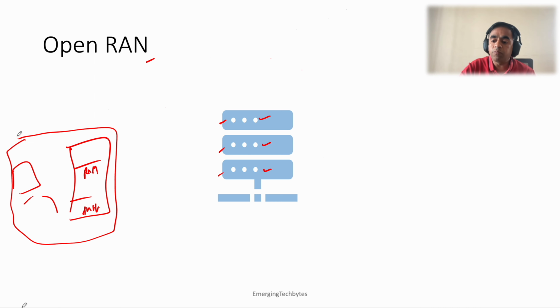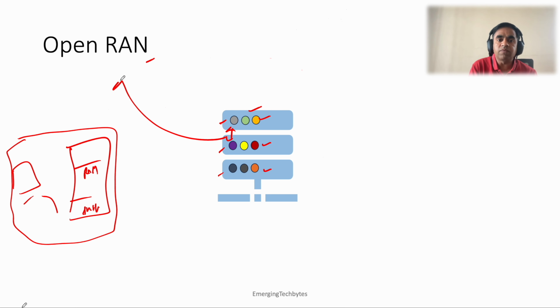Same way for Open RAN, you have these components from specialized vendors and they interact with each other on some standard interfaces, right? That is defined by Open RAN. So Open RAN enforces these standards.